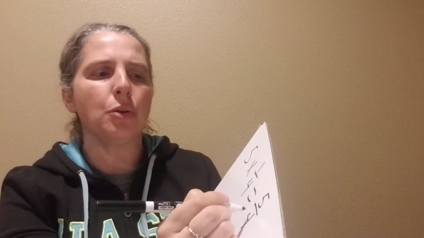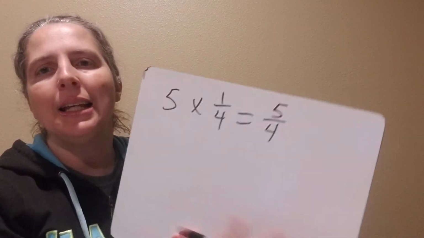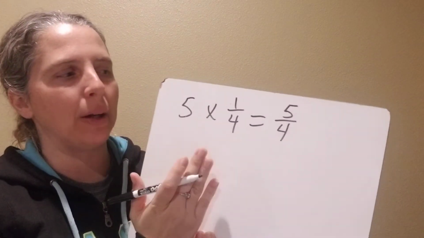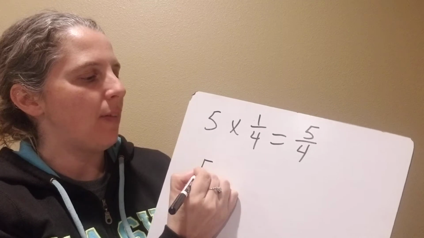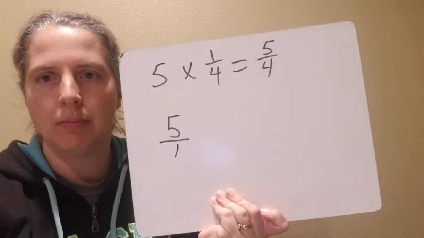I want to show you real quickly why that is, but if it's a little bit confusing, you don't really have to worry about it. I just want you to understand that this is what it is. I can take any whole number, it does not matter what it is, and if I want to make it a fraction, I just put it over 1.